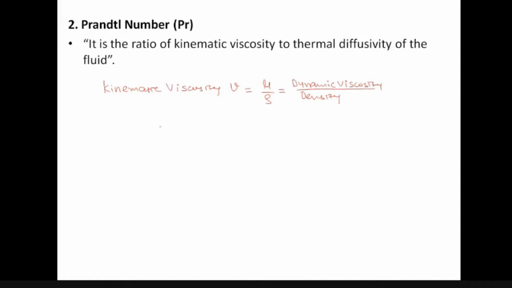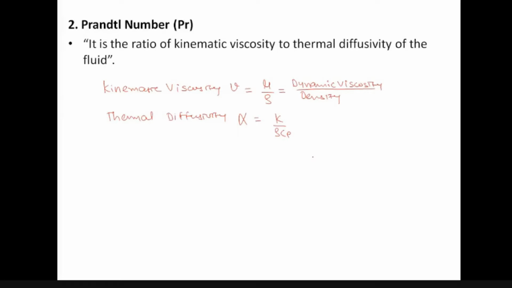And the next is thermal diffusivity, which is indicated by alpha, which equals K by rho Cp. K is the thermal conductivity, rho is the density and Cp is the specific heat. So we can write diffusivity as the thermal conductivity divided by the heat capacity.